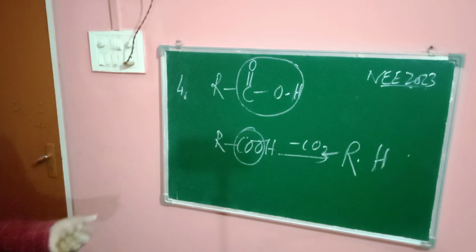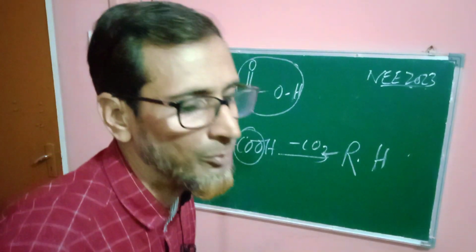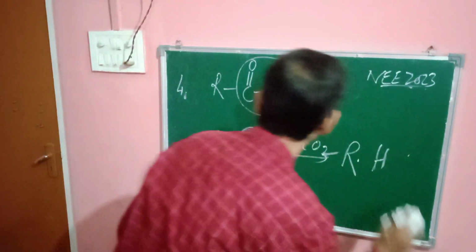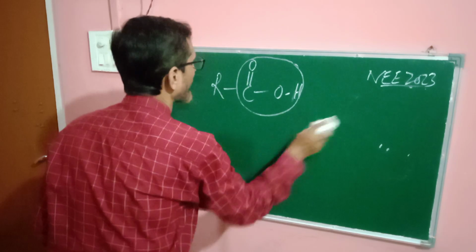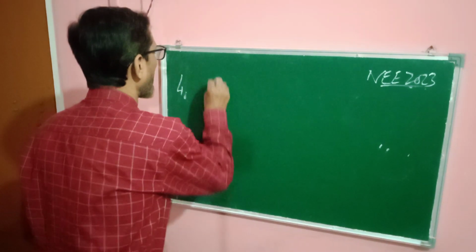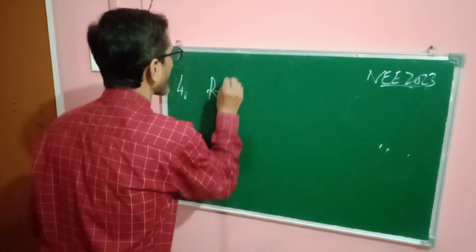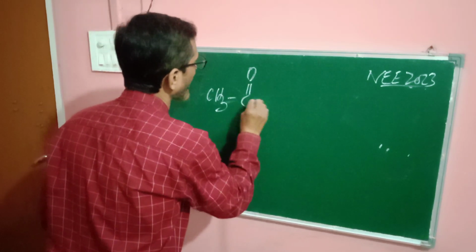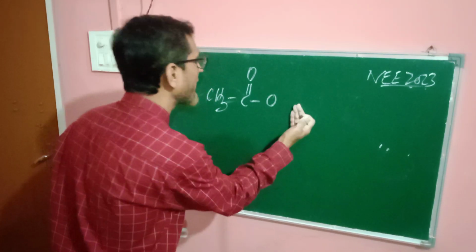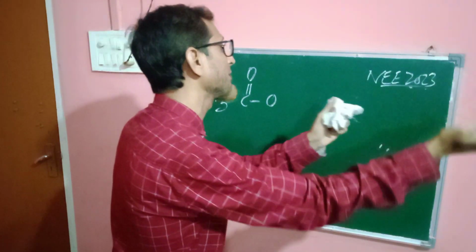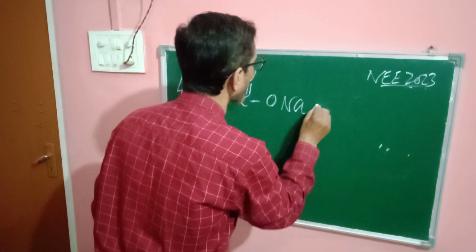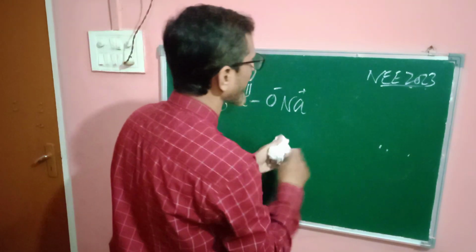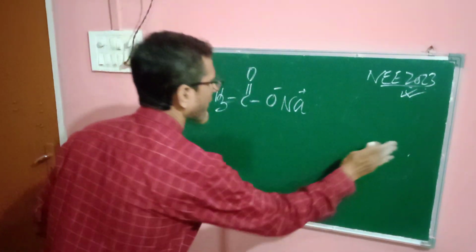The reaction is decarboxylation, the removal of the COOH group from the molecule. Another second type of reaction in the carboxylic group: you had better write CH3, C double bond O, OH. In the first type of reaction I told you hydrogen gets removed by sodium, so you add one sodium, plus and minus: sodium acetate. A very important reaction, this has come this time.